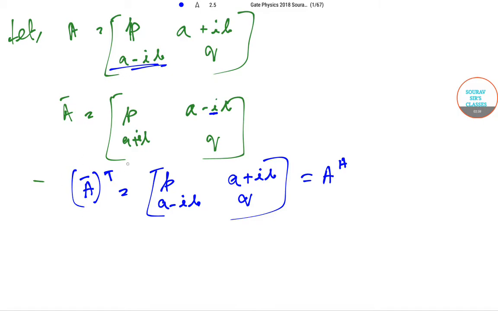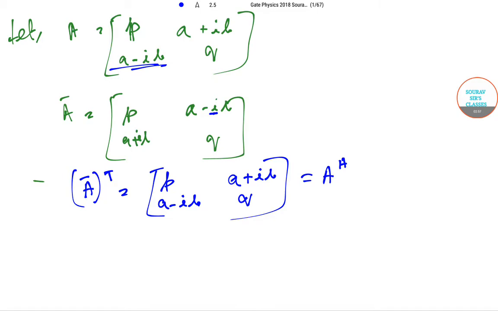So, we take the transpose, P, A plus IB and A minus IB, Q. This equals the Hermitian matrix of A. For a Hermitian matrix, all the eigenvalues are real numbers.